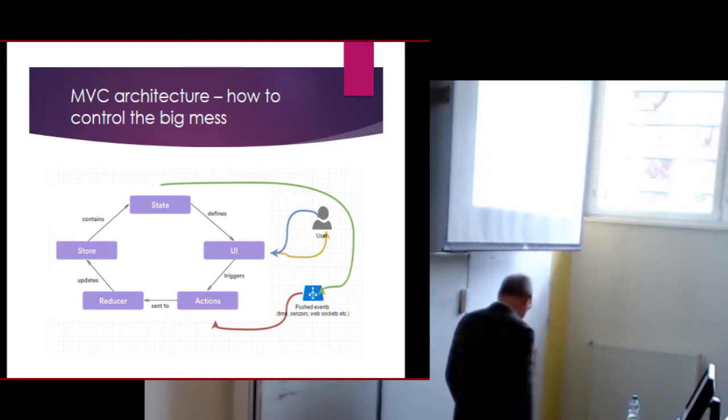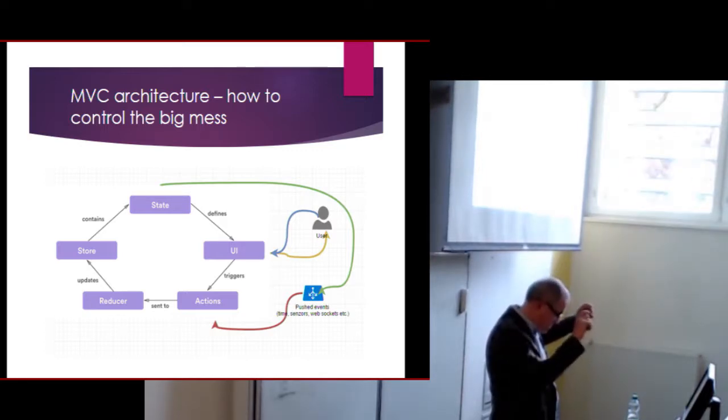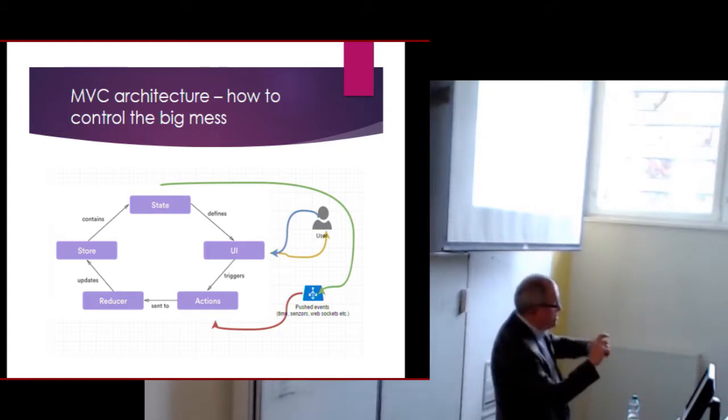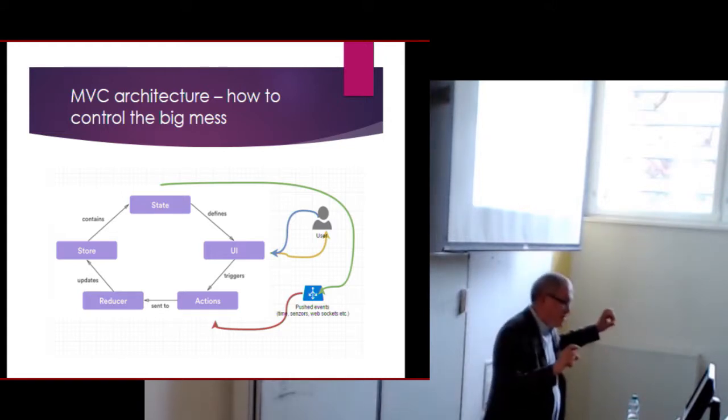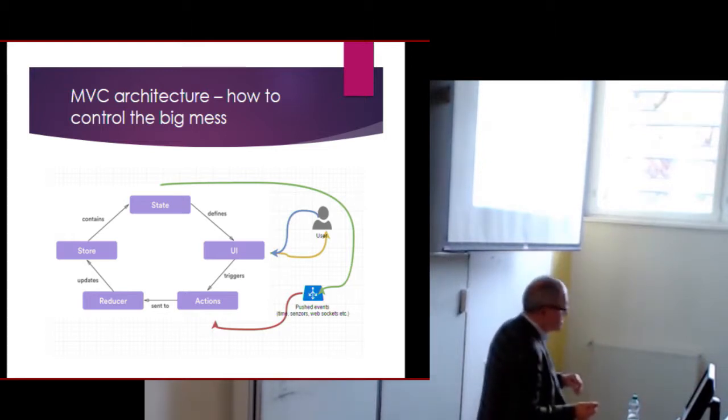Maybe it's a little bit abstract, but let's imagine I have an input text, and here I have another input text, and I want what I type here to be copied here. Of course I can write a 3-line code, and I will do it. But why do it in such a complicated way?